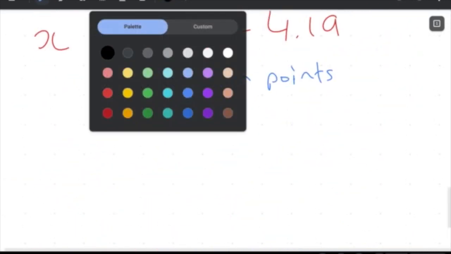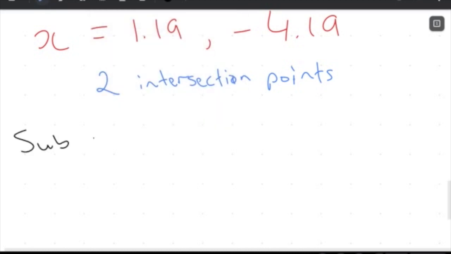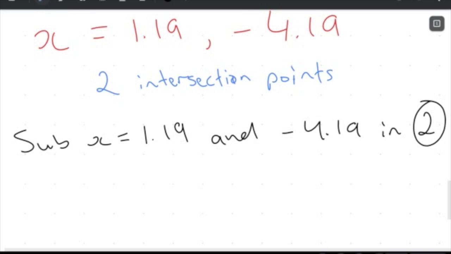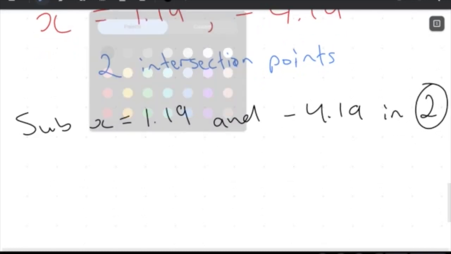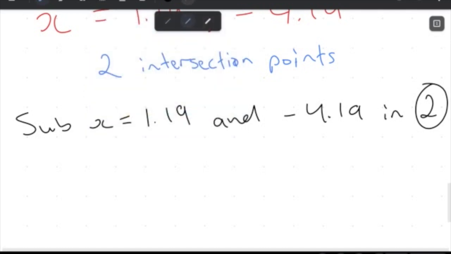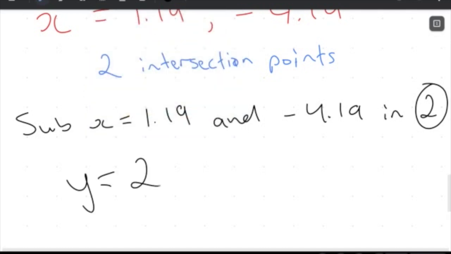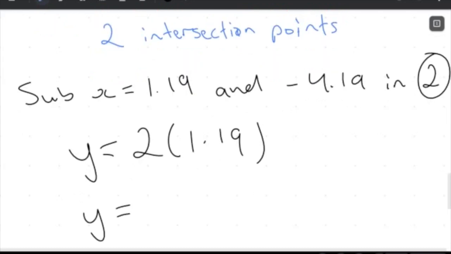Okay, so we're going to substitute x equals 1.19 and negative 4.19 into equation 2. So doing this, for this value here, I have y equals 2 times 1.19, and subbing in my second x value, I get a value of y being 2 times minus 4.19.